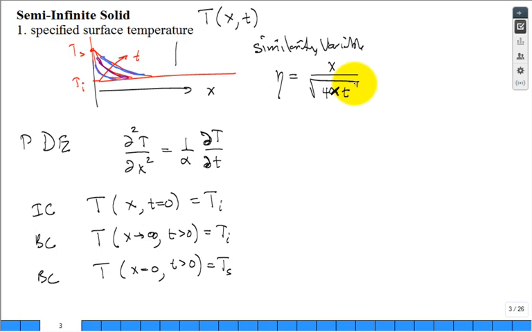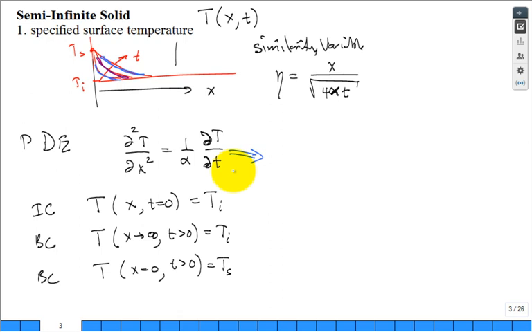Sure. It has x in it and t in it. So what I can do now is transform the governing differential equation from a partial differential equation into an ordinary differential equation.